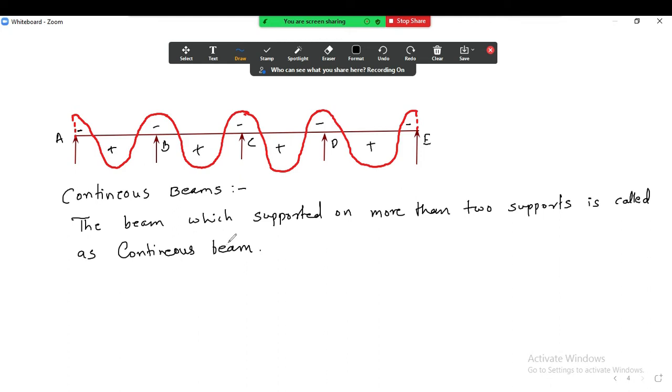Okay, continuous beam is statically indeterminate structure.